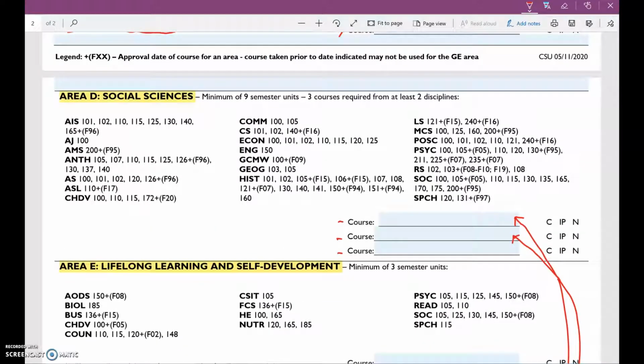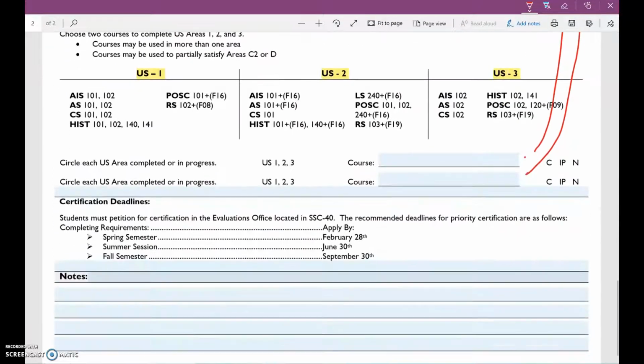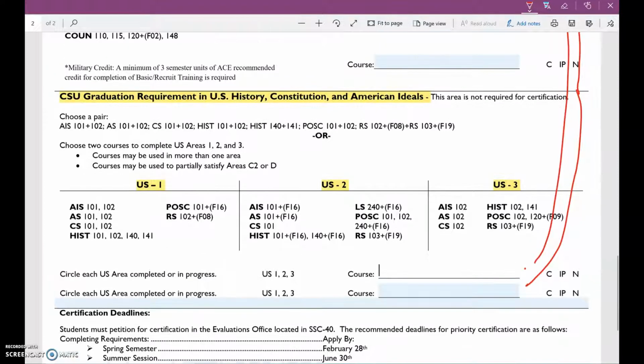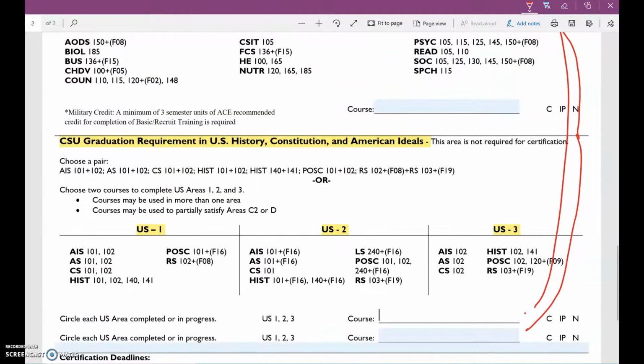They'll be used for Area D for general ed purposes, but you're also getting that graduation requirement out of the way for the state schools. So we have that in common. The associate degrees at Palomar College require these 2 history classes for graduation, and so do the state schools.